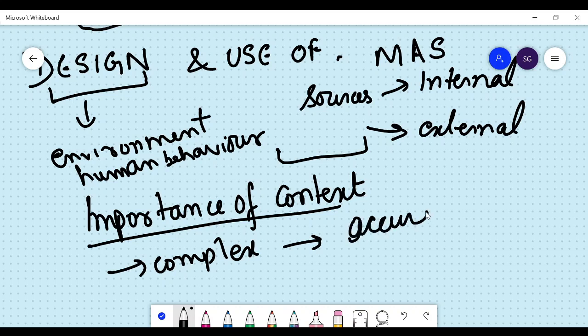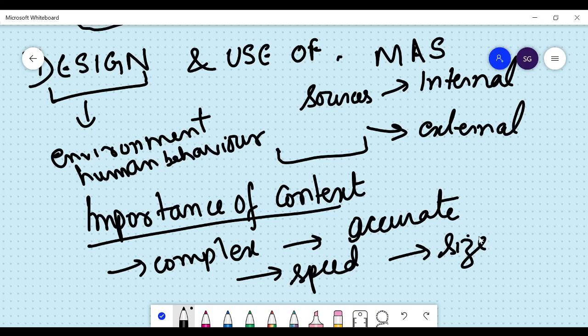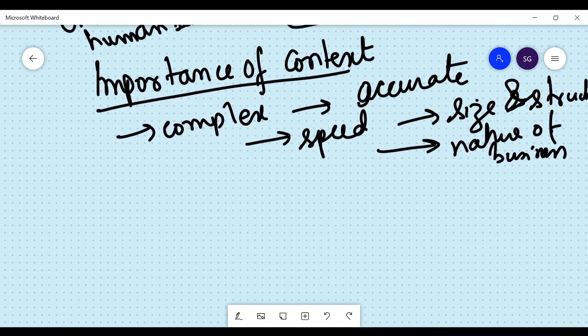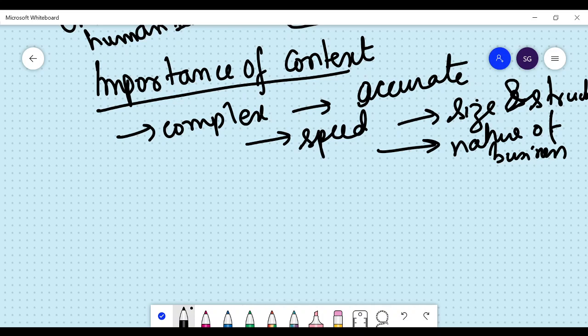We need accurate data. We need real-time data. There are different organizations and structures, and the nature of business also matters. So context of the information is decided on this basis.